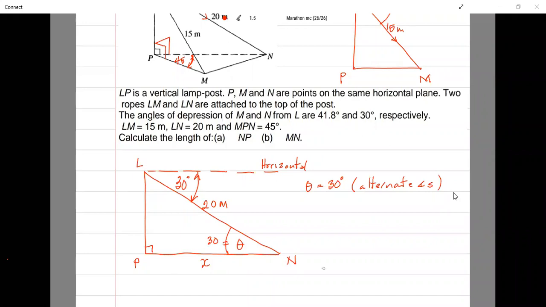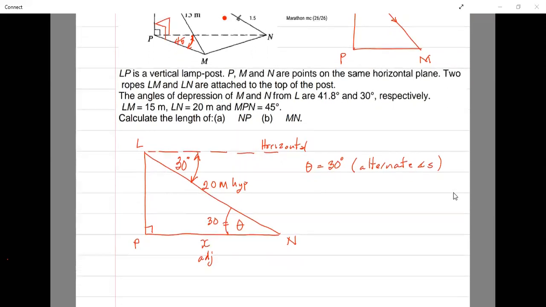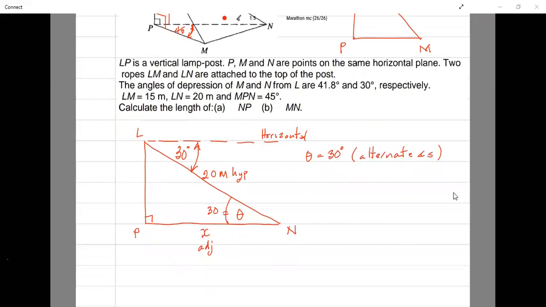PN, which is X, is adjacent, and LN is the hypotenuse. Now, the ratio that involves adjacent and hypotenuse is cosine. So I'm going to say cos is equal to adjacent over hypotenuse.